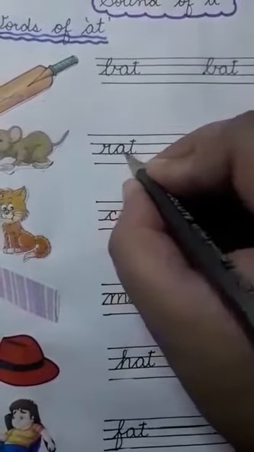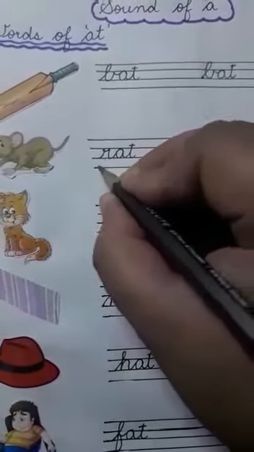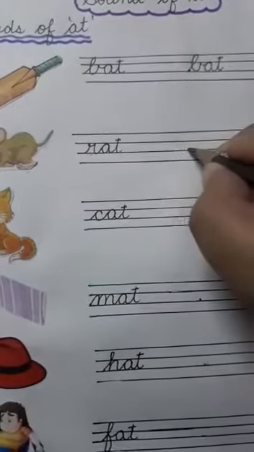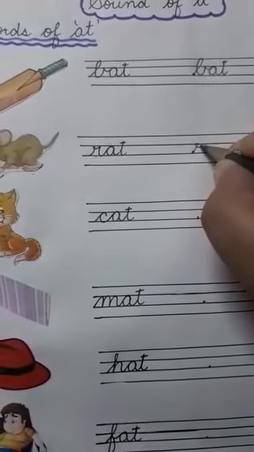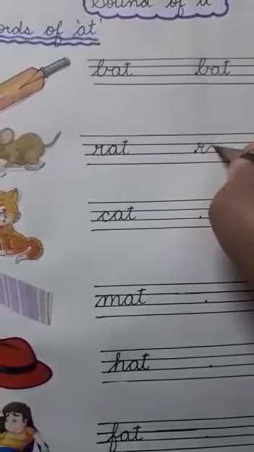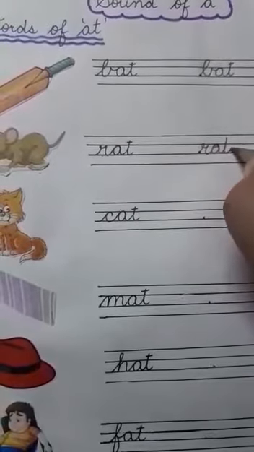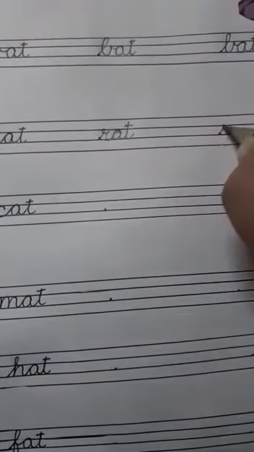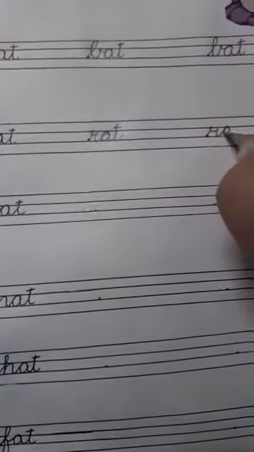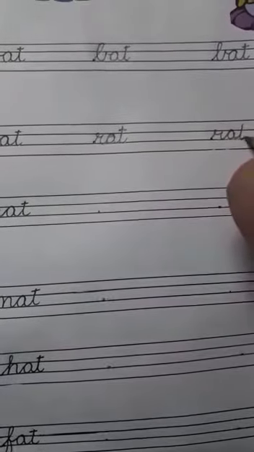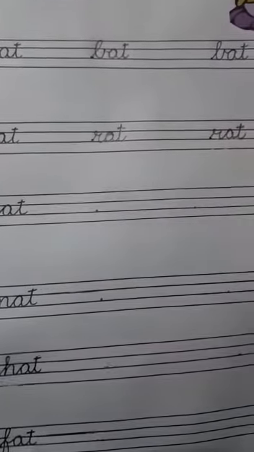We will write R first and then at. How to write at? A-T, at. And you have to write it 2 times. R, a, t, rat.